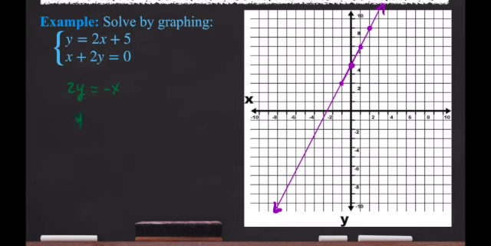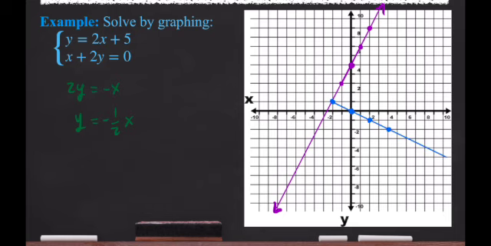Divide by 2. So y is equal to negative 1 over 2x plus 0. So our y-intercept is at 0. And our slope is negative 1 over 2. So this means we can rise by negative 1, run by positive 2. Or we can rise by positive 1, run by negative 2.